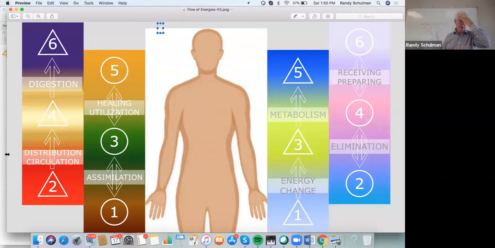So these different energies are what's called the ascending life forces. Ascending because in the northern hemisphere, they correspond with the increase of day length starting on December 21st, all the way through the last of the ascent, which is June 21st. So you have 6 months of ascending day length, followed by 6 months of descending day length. And these correspond to different parts of the family tree.